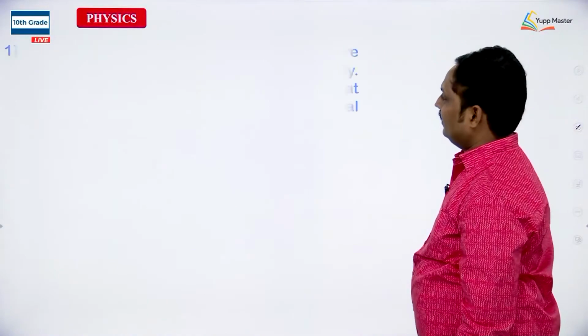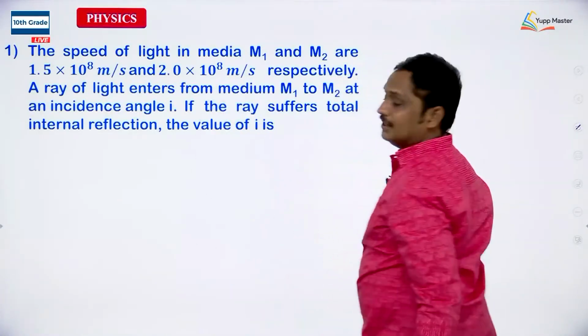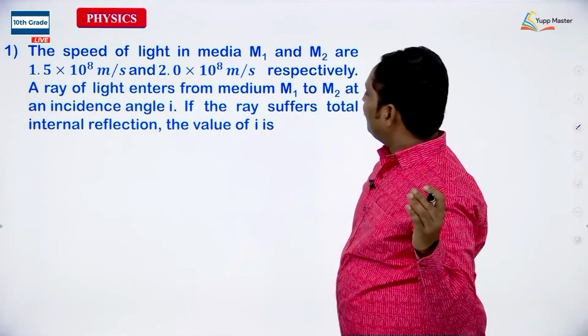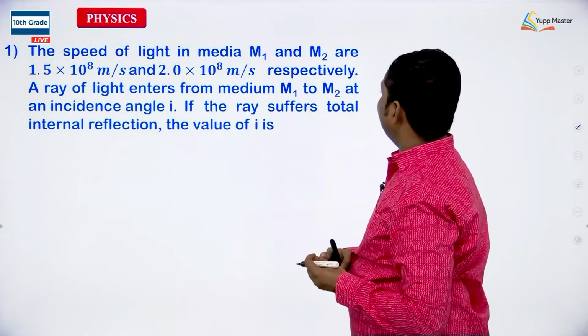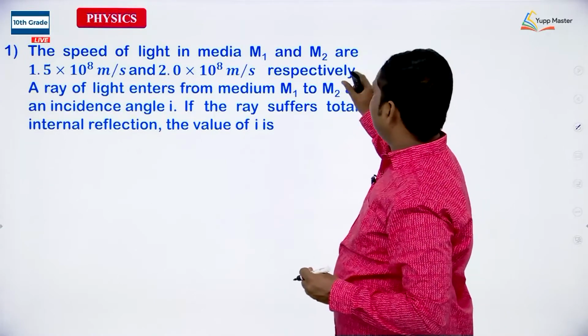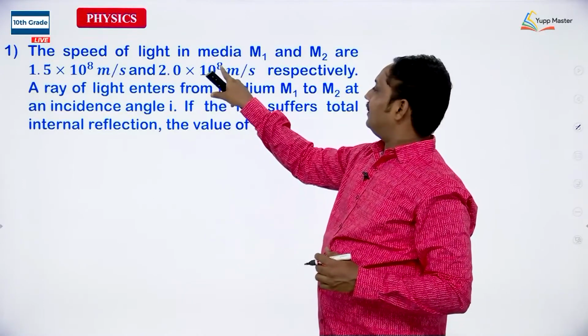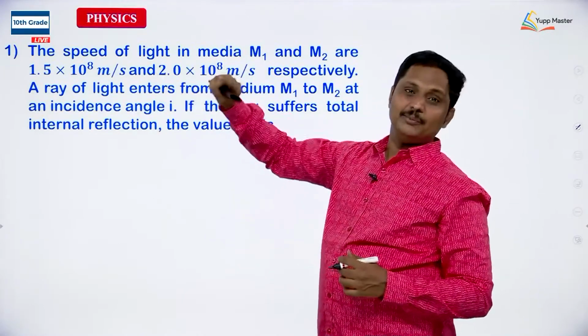Yes, let us go for this one. You can see that the speed of light in medium m1 and the speed of light in medium m2 are given: 2 into 10 power 8 meter per second and 1.5 into 10 power 8 meter per second.